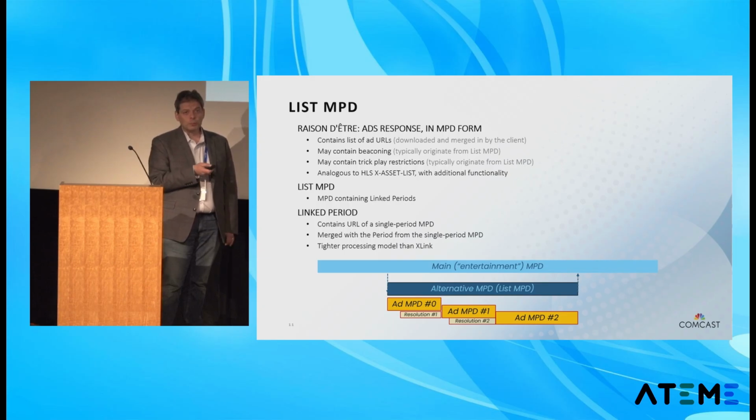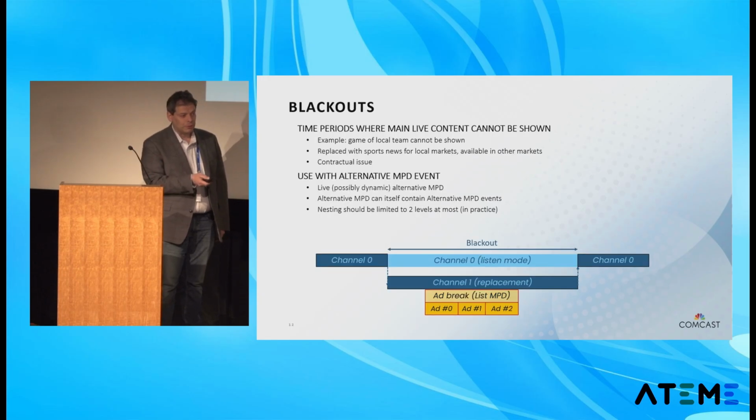One of the goals of that merge process is you would get at the SGAI endpoint the beaconing information, but you would be downloading the MPDs at the client. So you want to be able to merge the two, so that when you play the period, you'll have both at the end of the resolution process. So in the end, you can create a list like this, and the inspiration for this was obviously much simpler than the Dash result. It was the X asset list that David talked about.